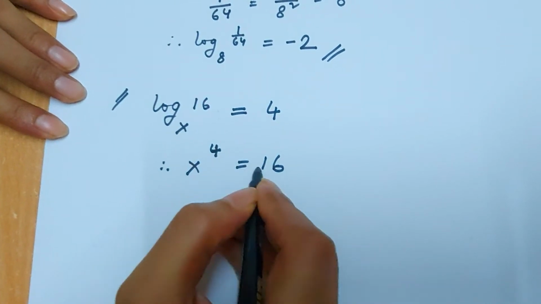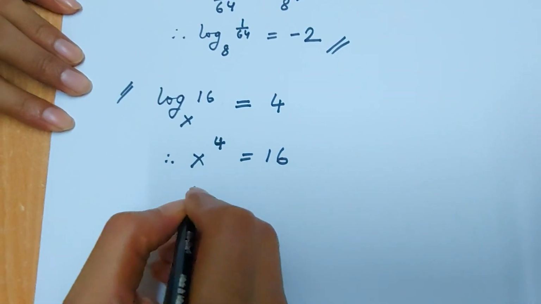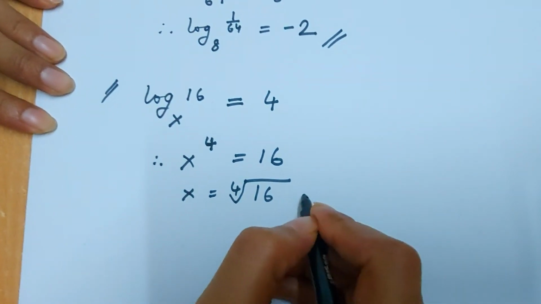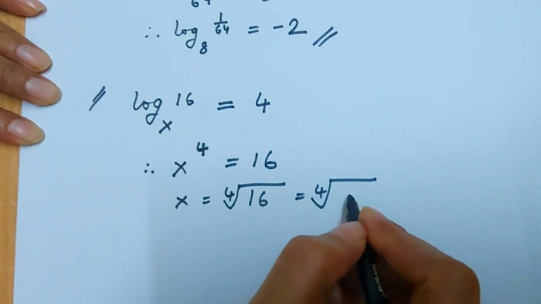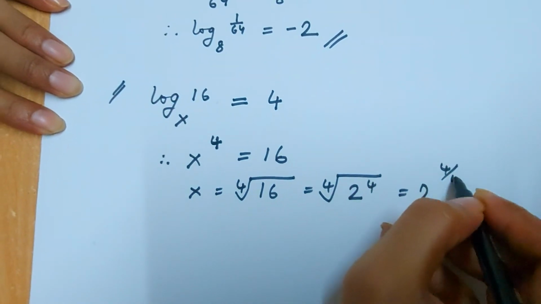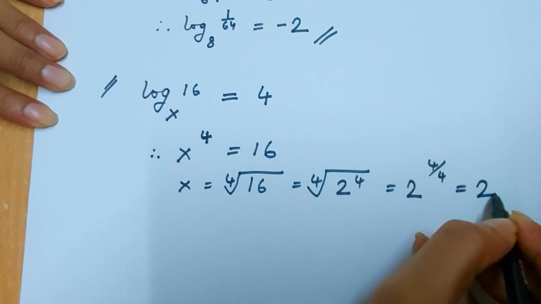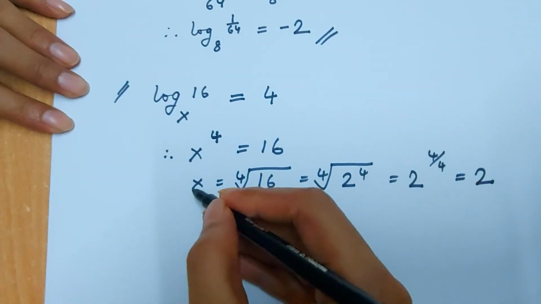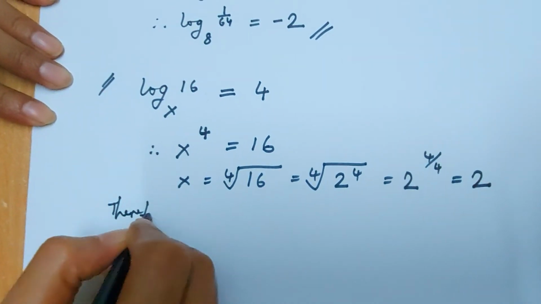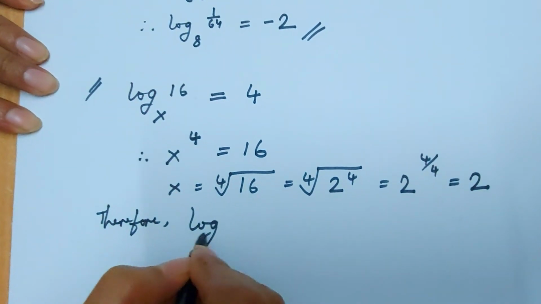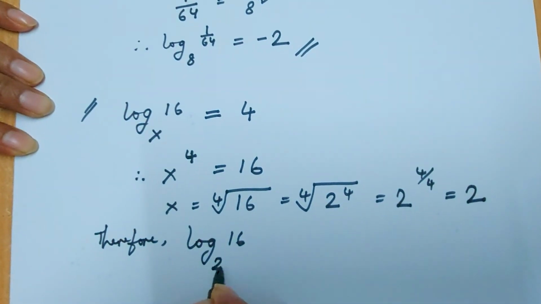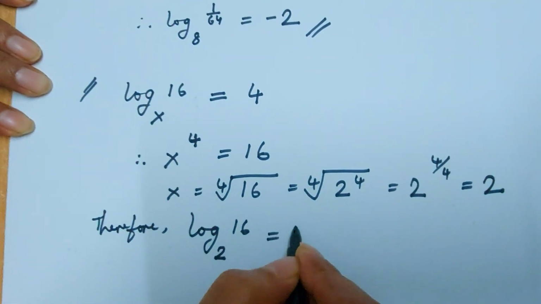So x power 4 equal to 16, and then x equal to the 4th root of 16. We know 16 equal to 2 power 4, and then 2 power 4 over 4, it is 2. So the base is 2. Therefore log of 16 to the base 2, because x equal to 2, equals 4.